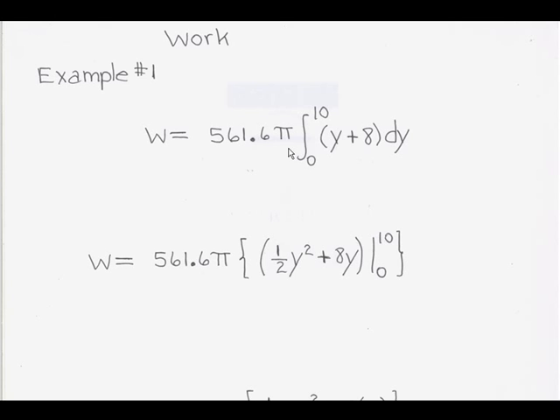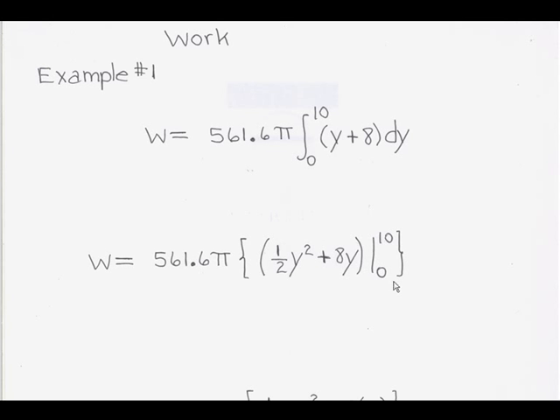As you can see here, we factor out the constant 561.6 times pi out of the integral. Now we take the integral of y plus 8 dy. So W is now equal to 561.6 times pi times 1/2 y squared plus 8y.